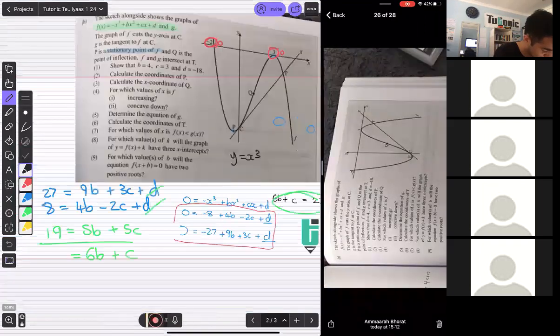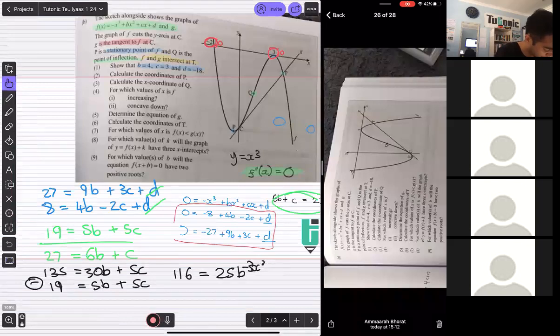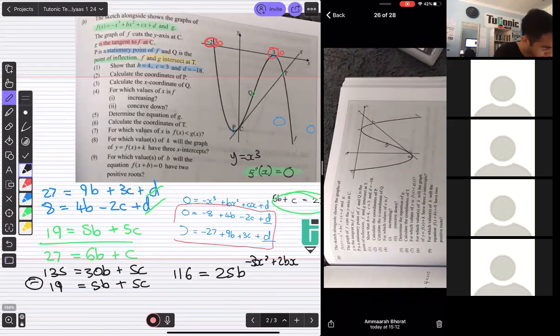Anyone? All right, I'm just going to do it quickly. Minus 3x squared plus 2bx plus c equals 0, and that's when x is minus 2. So minus 3 times minus 2 squared minus 4b. Wait, where did we get the 6b plus c from? From the derivative, isn't it? Yes, so I'm just trying to see how we got that.